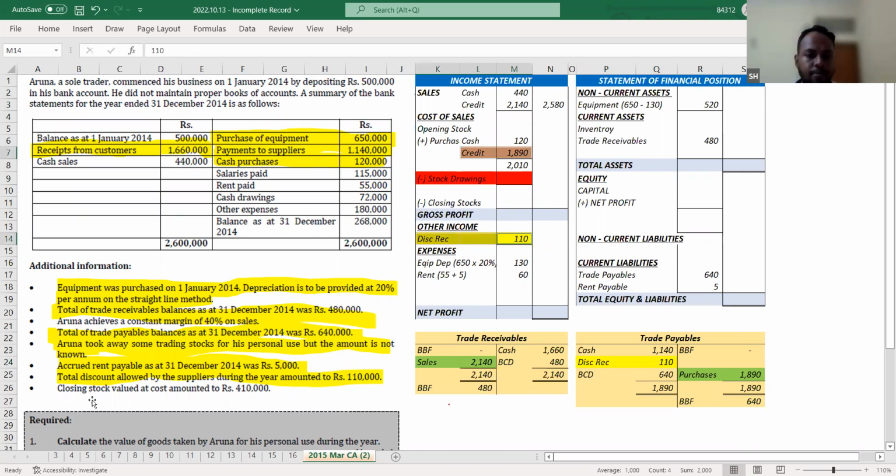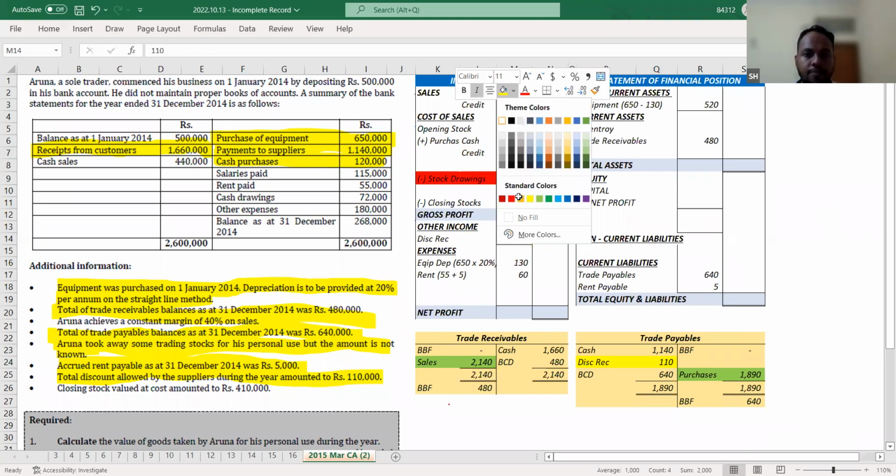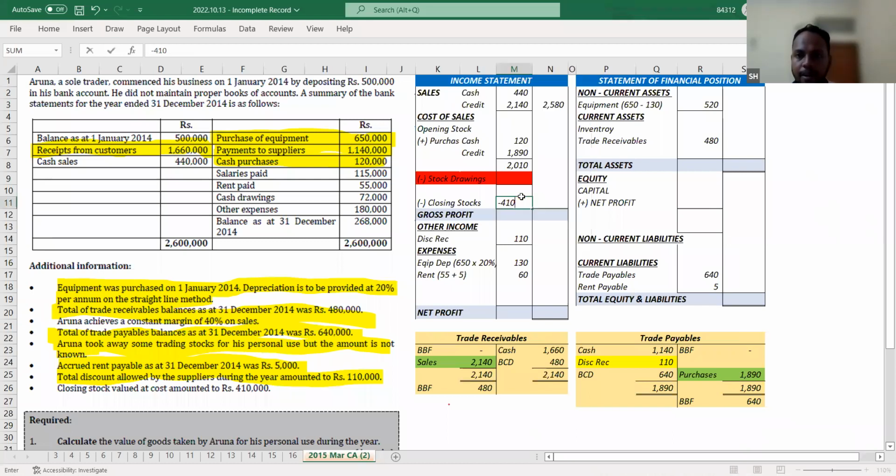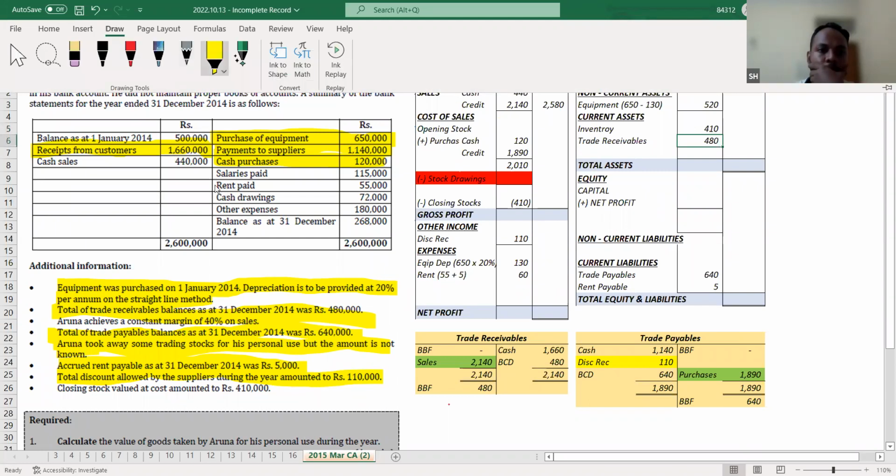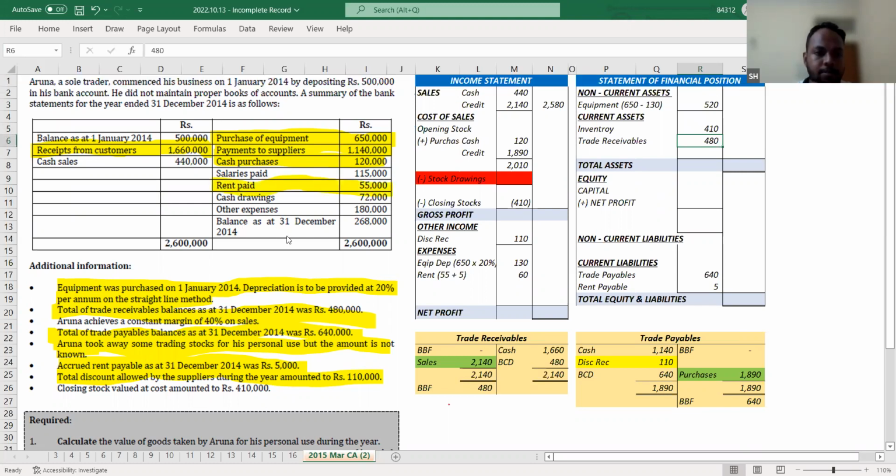So let's do the last adjustment. Closing stock is 410. Inventory 410. Just read it. Okay.